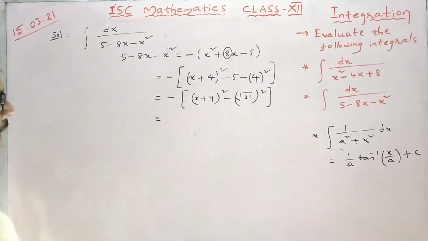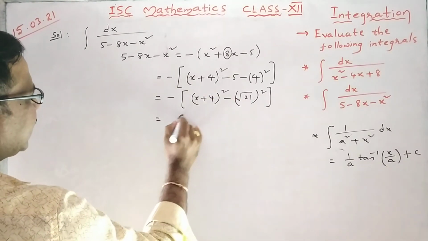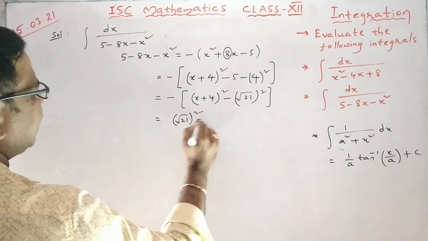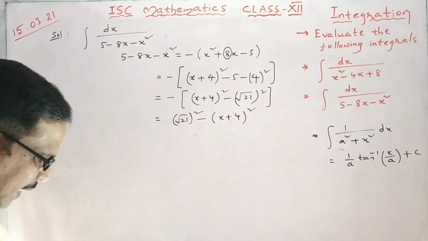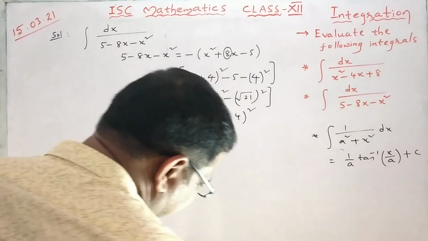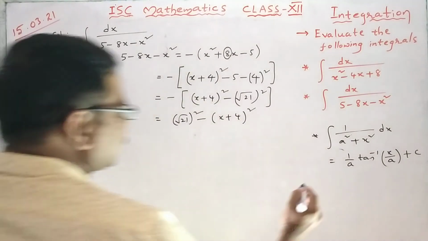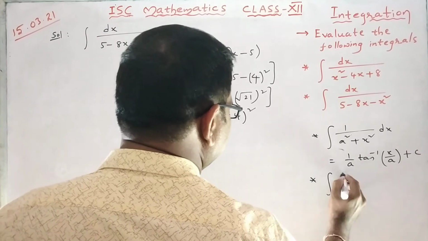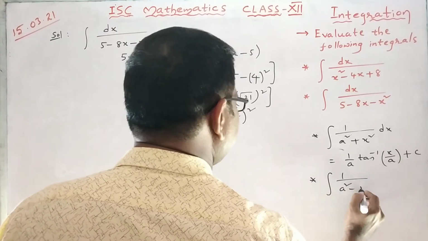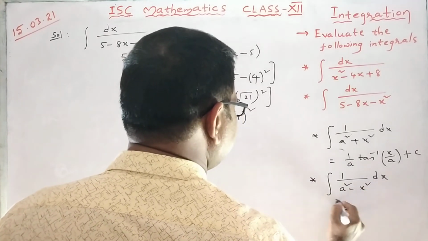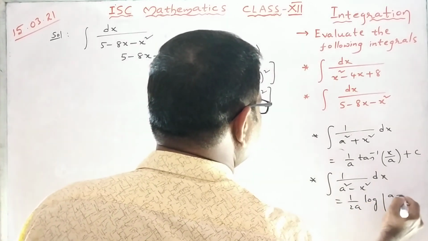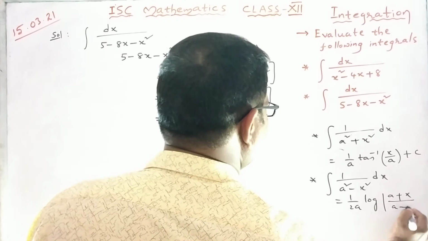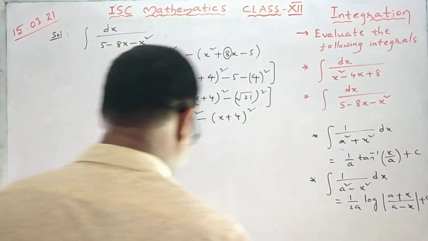that can be written as root 21 whole square. Now take the minus inside, this will be x plus 4 whole square. It looks like a square minus x square. So integral a square minus x square dx. What did I tell you the formula? 1 by 2a log mod a plus x by a minus x plus c.